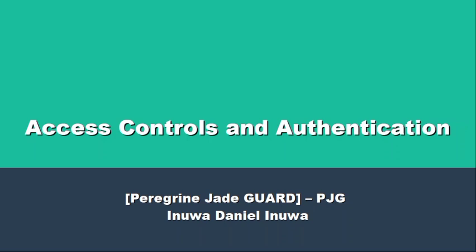Now, for you to understand what access control is in computer systems, you need to understand what access control is in real life. Access control is just trying to control who enters this place, who enters a room, who enters the house. There are certain people that enter the White House, certain places in governmental organizations.